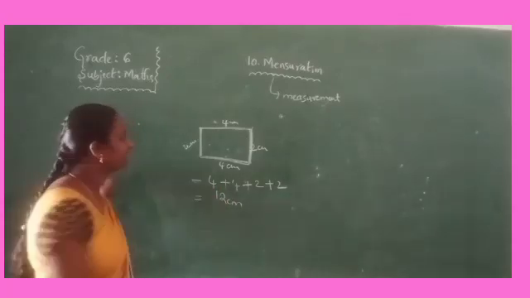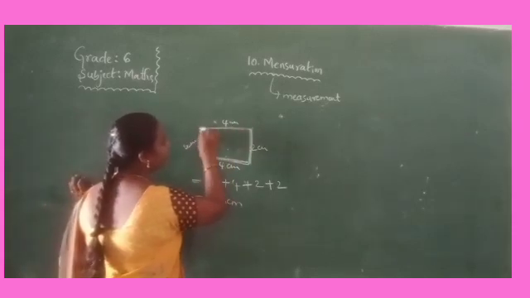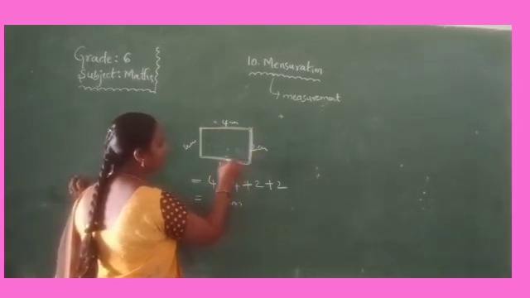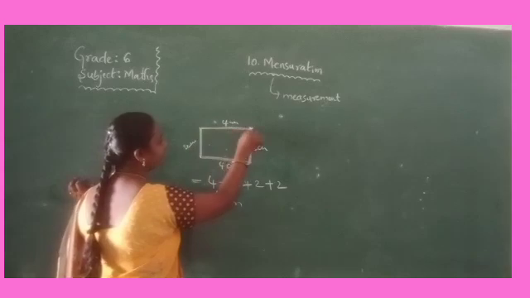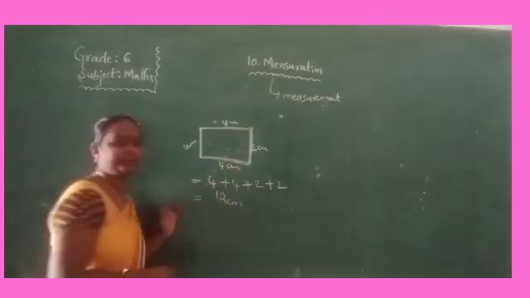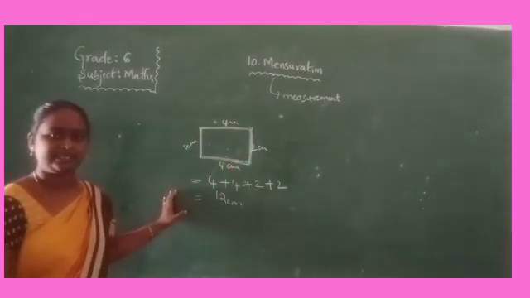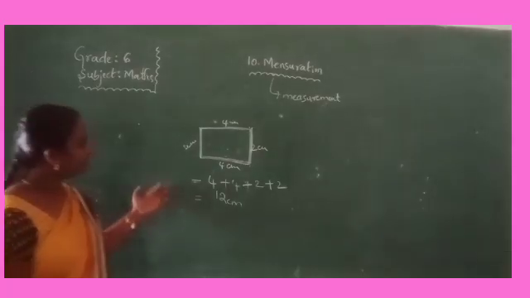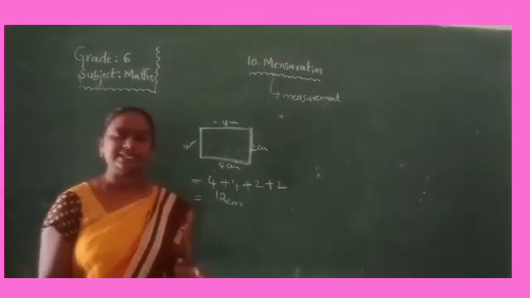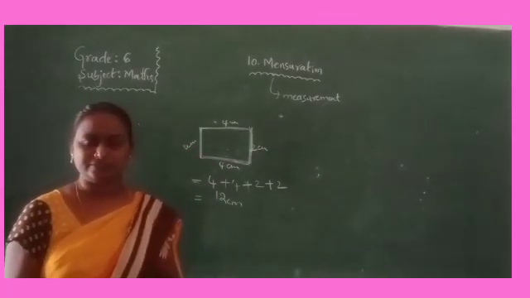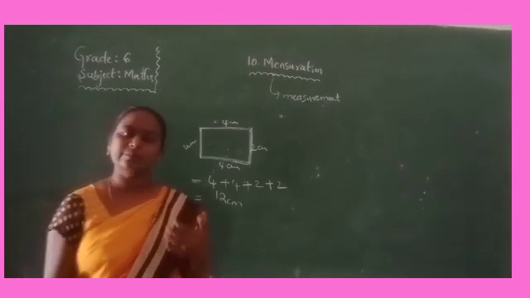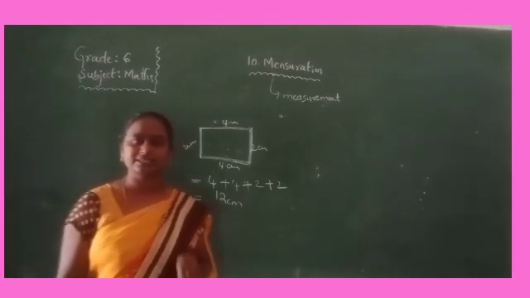That means the sum of the measures of all the sides of a rectangle, or of any closed plane figure, is called the perimeter.